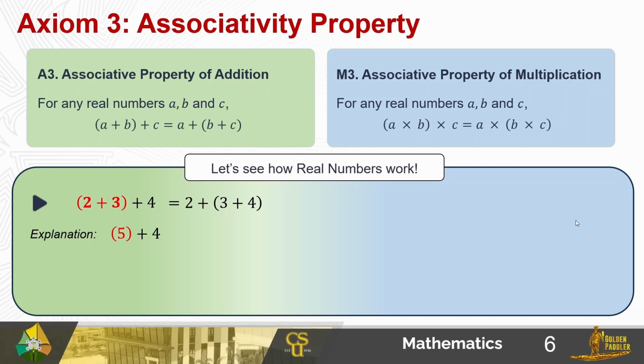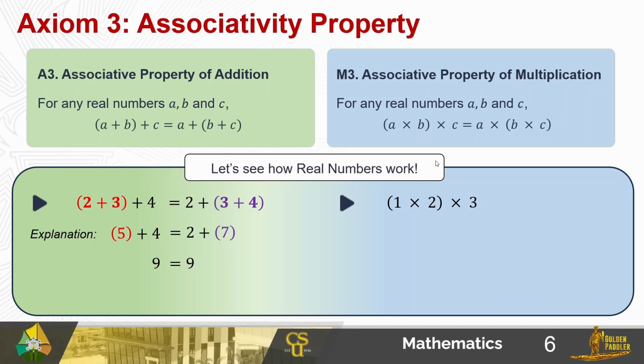And on the other side, if we add 3 plus 4, we get 7. Now, 5 plus 4 and 2 plus 7 are both equal to 9. So clearly, the quantity 2 plus 3 plus 4 is equal to 2 plus the quantity 3 plus 4.